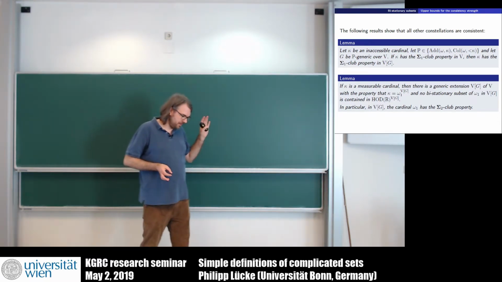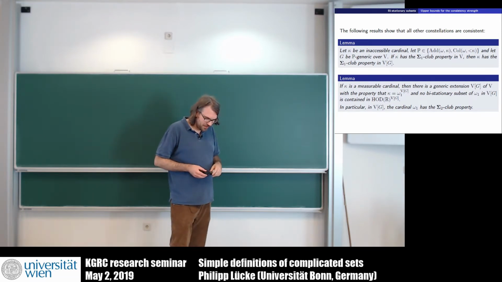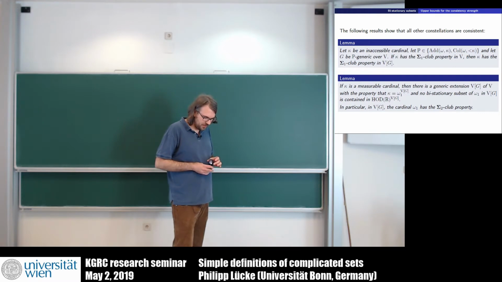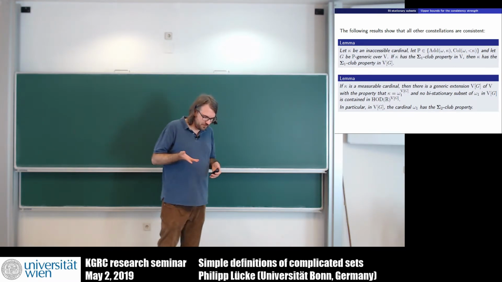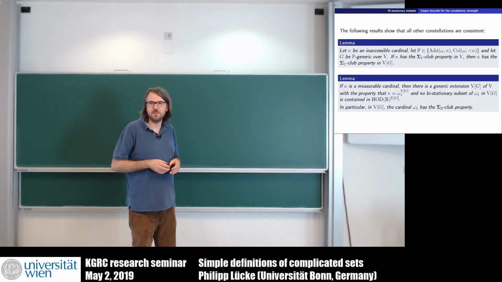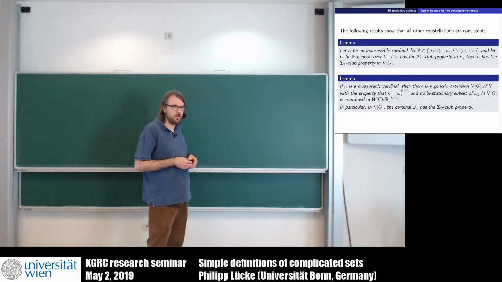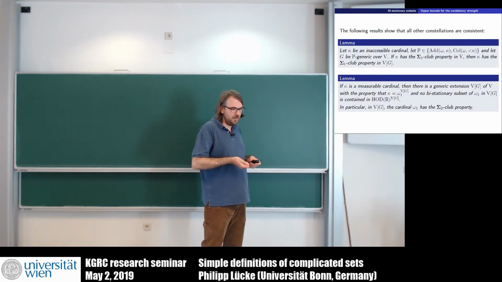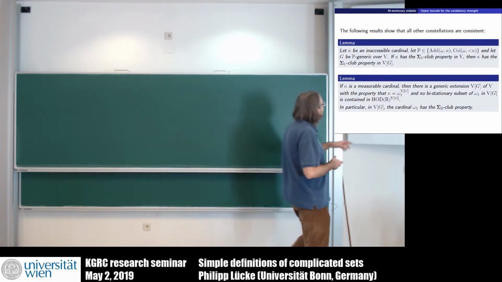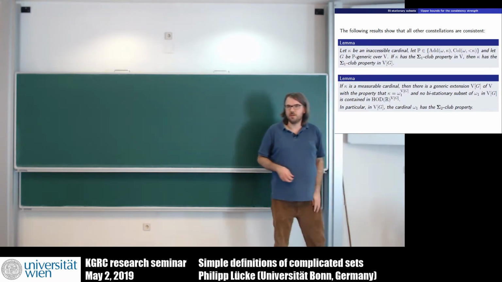The forcing is a bit more complicated, but it's actually rather well known, because this is just a simpler version of the forcing that makes the non-stationary ideal on omega 1 precipitous. But instead of iterated club shooting, you just shoot a club through every element of the filter here.